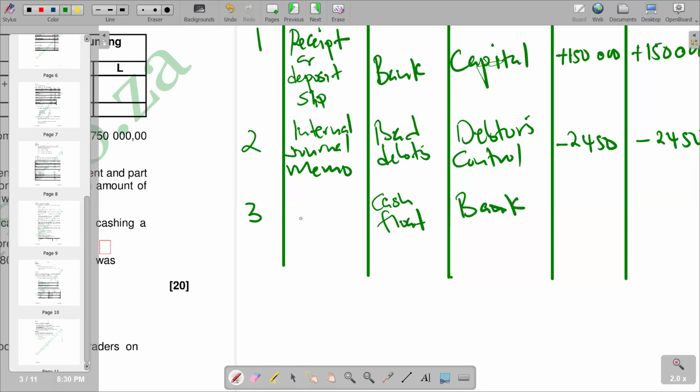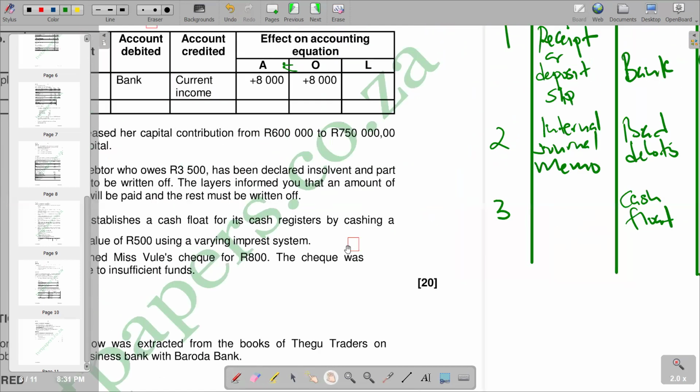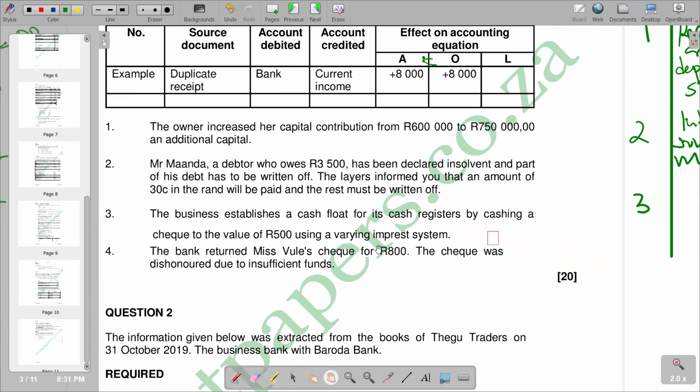And then on the source documents, remember, this is coming through the bank, obviously. Let's just go back to the transaction to clarify the source document involved. The business established a cash float of its cash register by cashing a check. You see, there's a check that is being cashed. So it means the check counterfoil is going to be our source document.